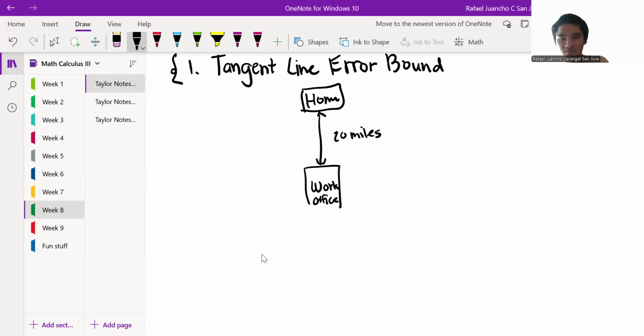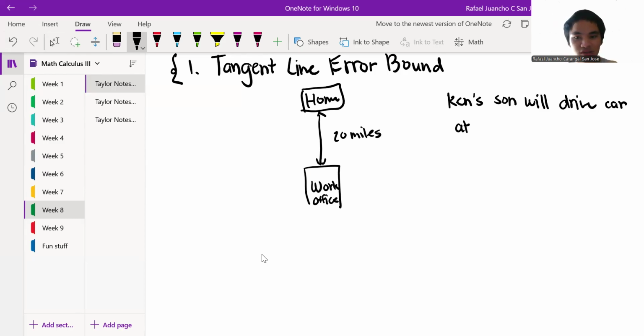So Ken's son will drive the car at, or no faster than, 40 miles per hour. No more than 40 miles per hour in the city. And so how far away can the car be in 15 minutes?